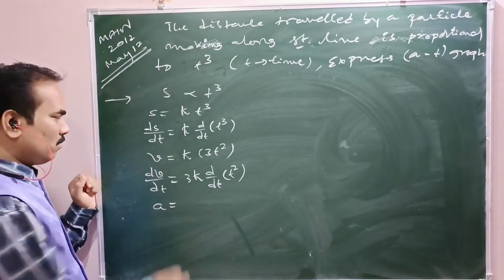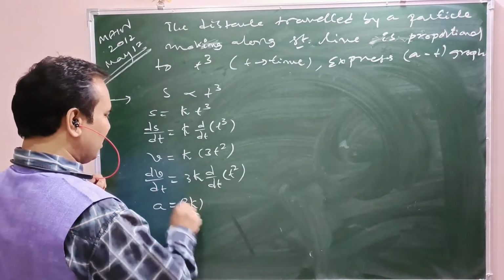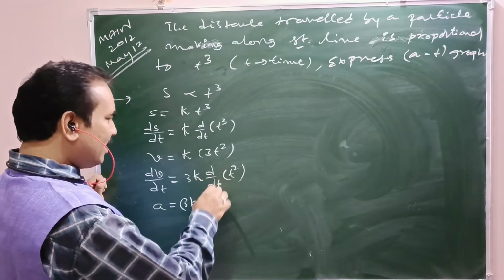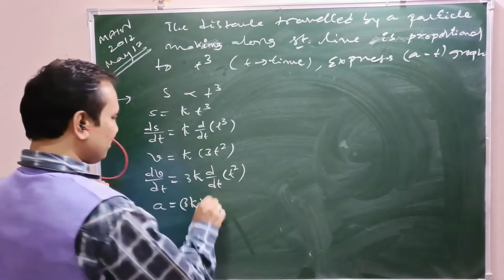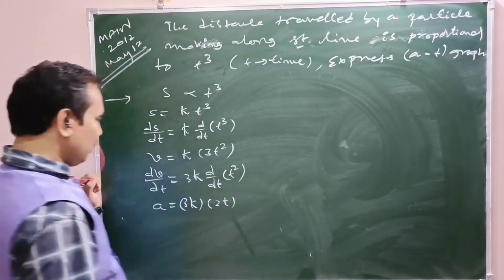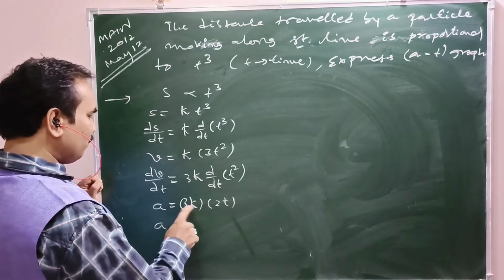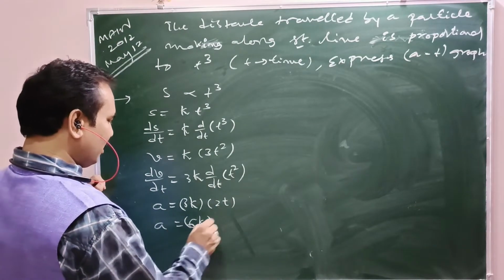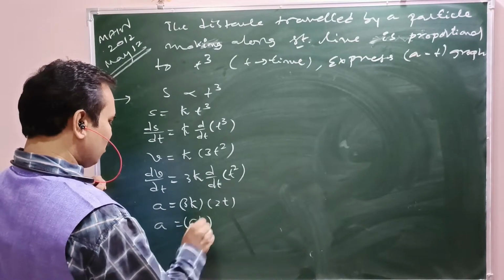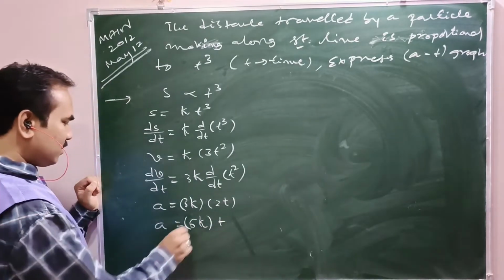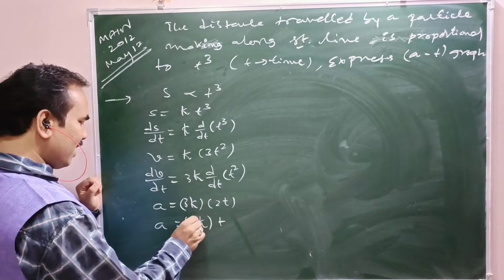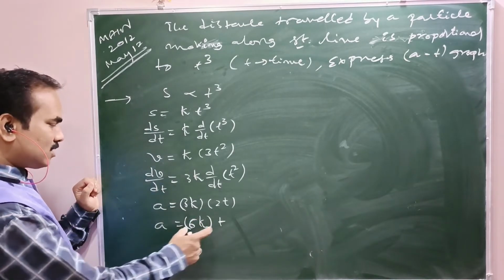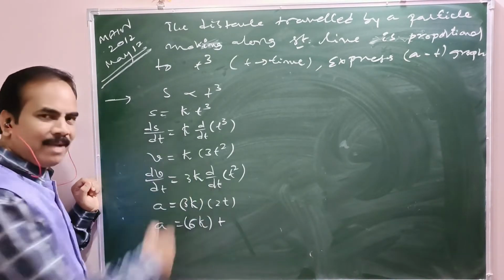Acceleration equal to 3k into d by dt of t square, means 2t. That is a equal to 6k into t. 6k is constant again, a equal to some constant 6k into time.